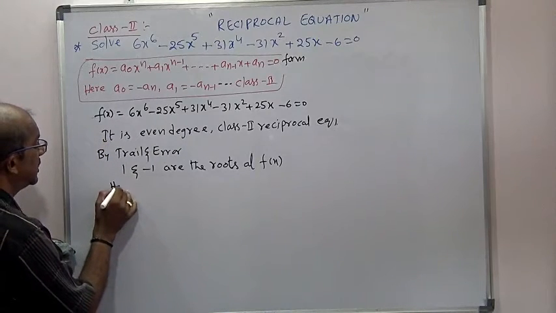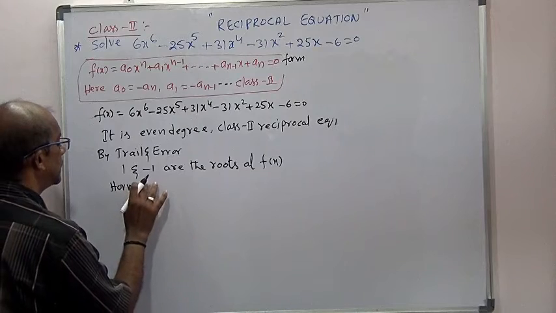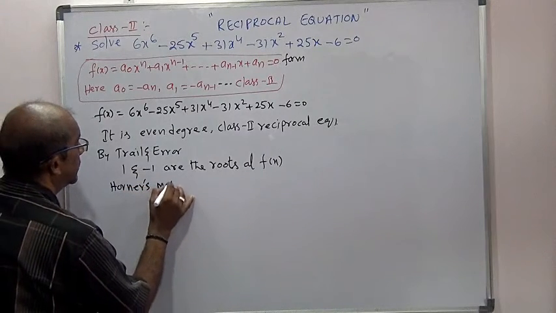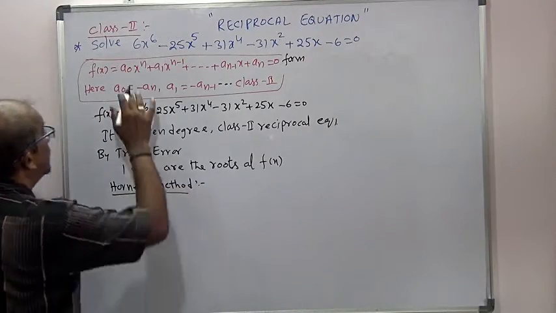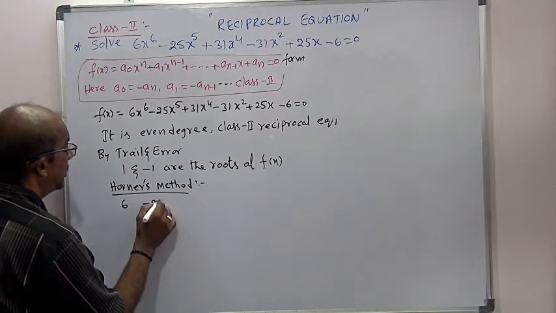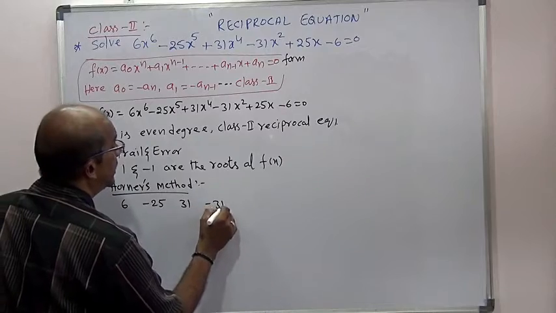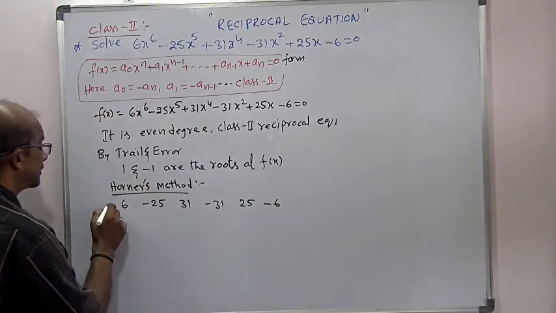Now this can be reduced by Horner's method. First the coefficients: 6, minus 25, 31, minus 31, 25, minus 6.